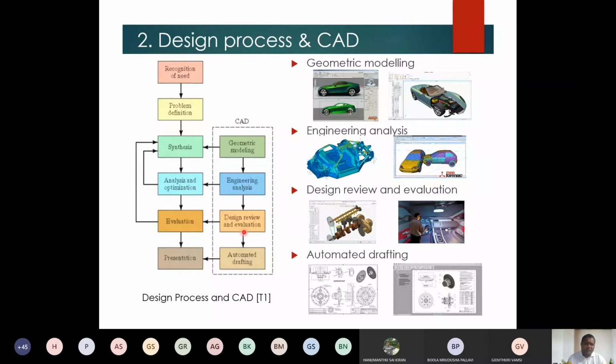Once you are okay with the analysis, you are going to evaluate. Evaluation is the next part of the design process. How do you evaluate? There is a CAD technology called design review and evaluation, and many CAD tools are available exclusively for design review and evaluation.